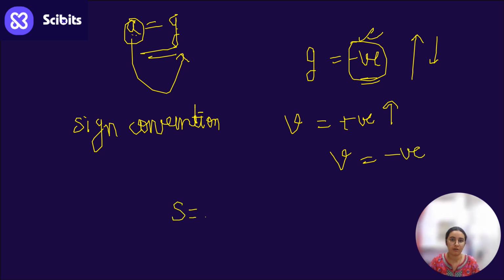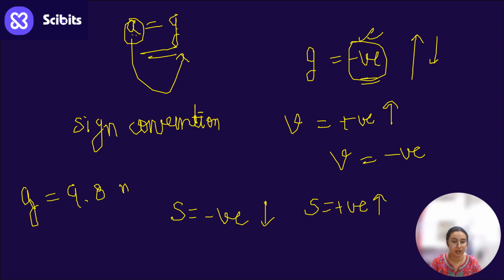Similarly, displacement is taken as negative when the object is moving downwards, and positive when the object is moving upwards. Great. So the value of acceleration due to gravity is 9.8 meter per second square, or if it's mentioned in the question, you should take it as 10 meter per second square.